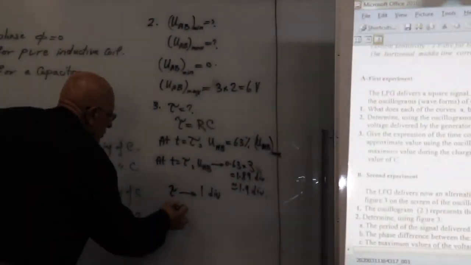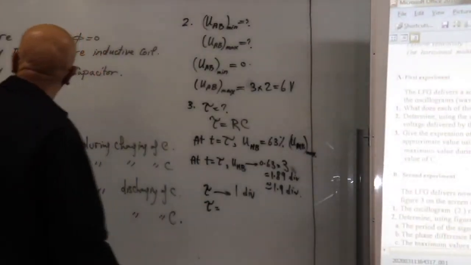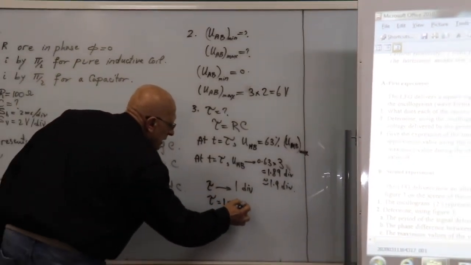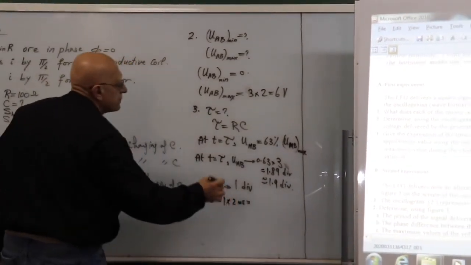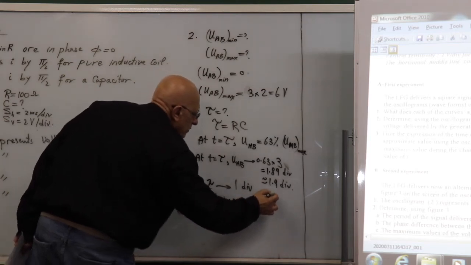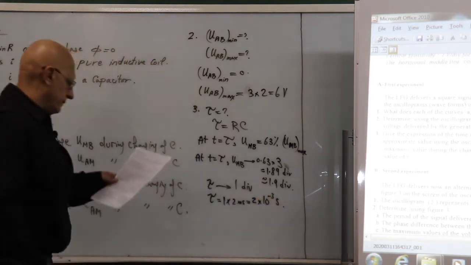To change it to time, I should multiply by the sweep, 1 times 2 milliseconds. You get tau equal 2 times 10 power minus 3 seconds.